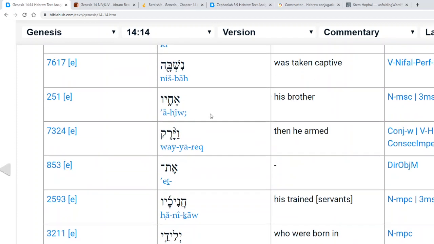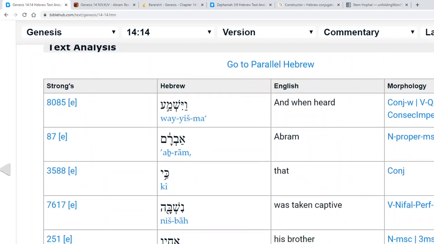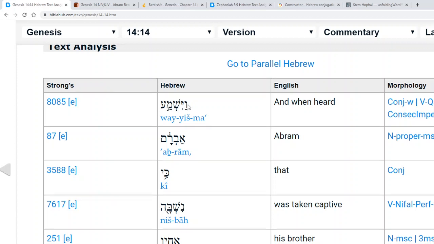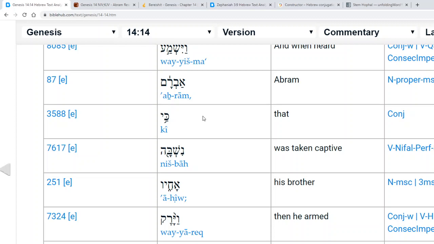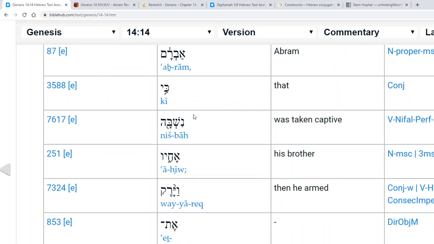Interesting. Okay. So, Vayishma. The root here is Shin Mem Ayin, which means to hear. Obviously, it's in the imperfect and getting flipped by the conjunctive vav at the beginning. Avram is his name. Ki here means that. Yeah, I guess it's the conjunction.